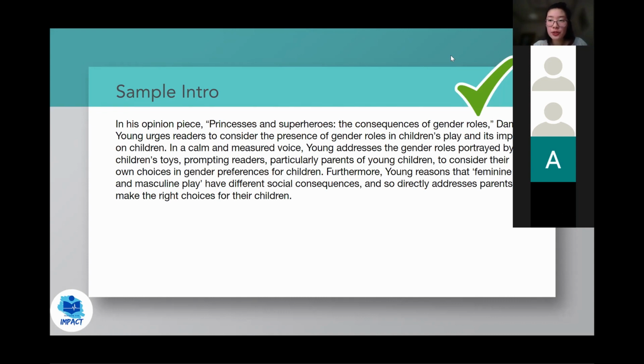Someone's just asked, do you have to include each of the 3 arguments for your body paragraphs in the introduction? Okay, it depends on how you want to go about this.